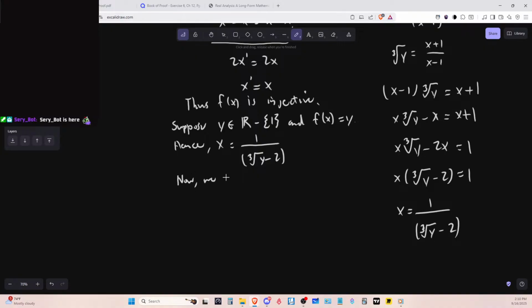So now we substitute of x. Or I should put f of x equals y.